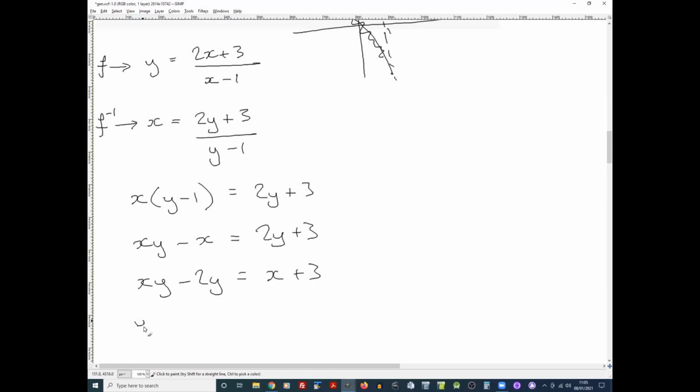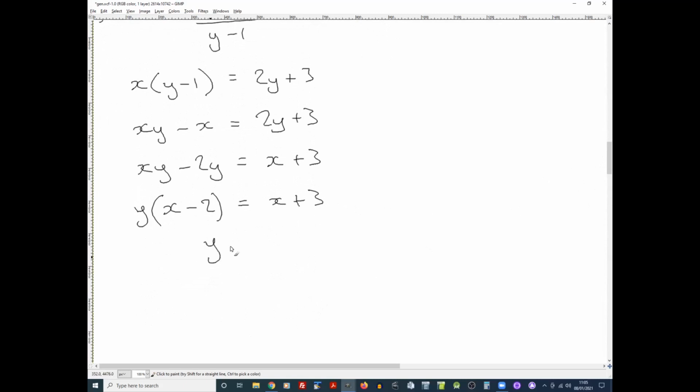Yes, good. That's the tricky bit that you saw. Well done. So therefore y is equal to 3 plus x over x minus 2, or x plus 3 over x minus 2, or whichever.